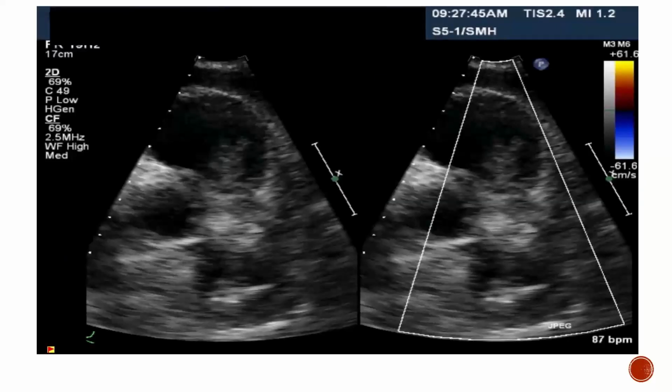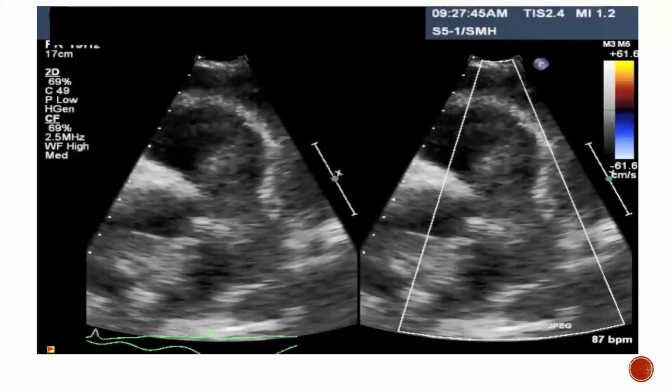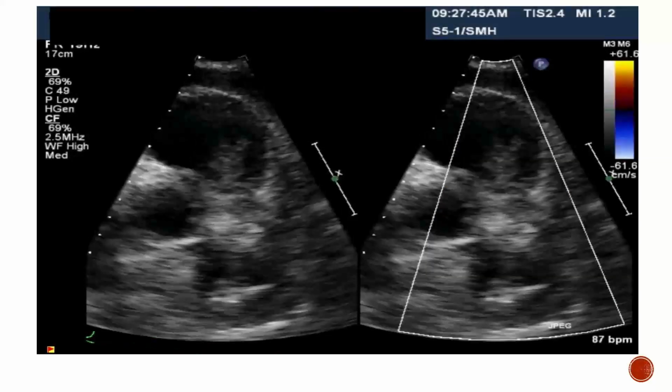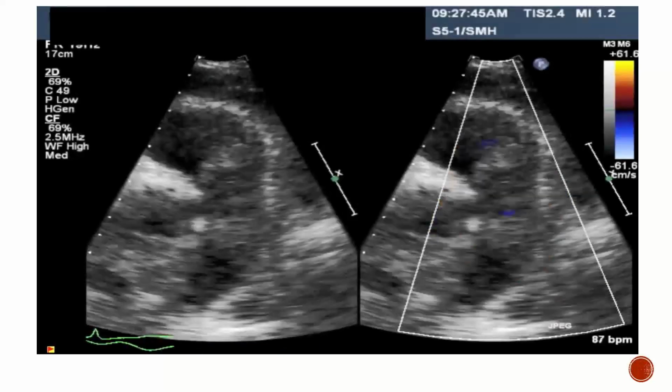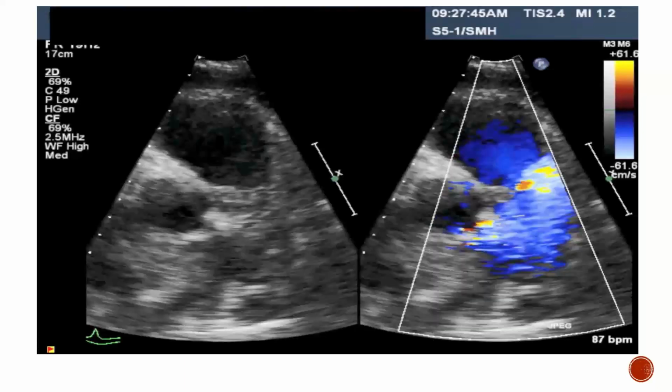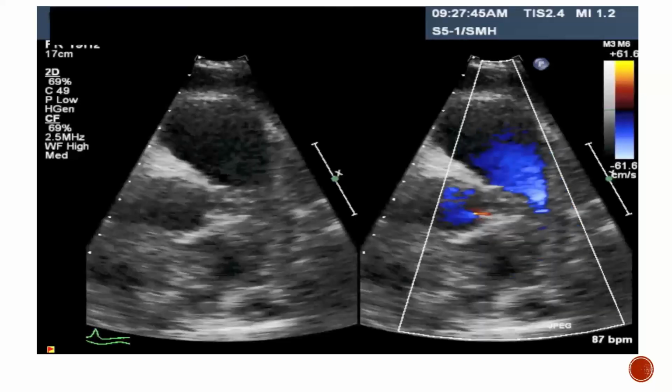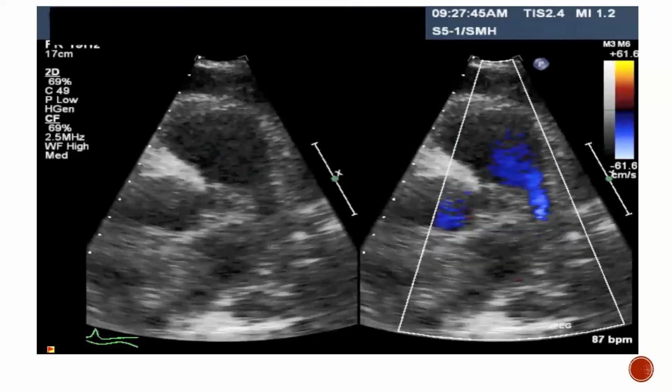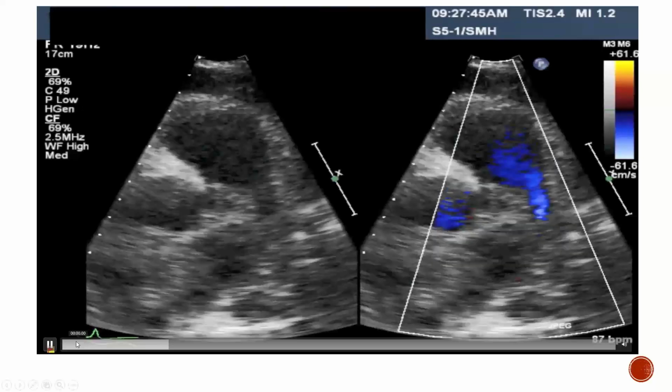This is a parasternal short axis at the level of the aortic valve, and this is the pulmonary valve. And what we can appreciate is, I don't know, it's not playing, there was a more independent mobile mass on the pulmonary valve. Hopefully it will play.